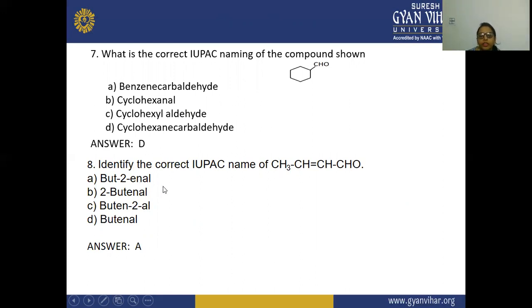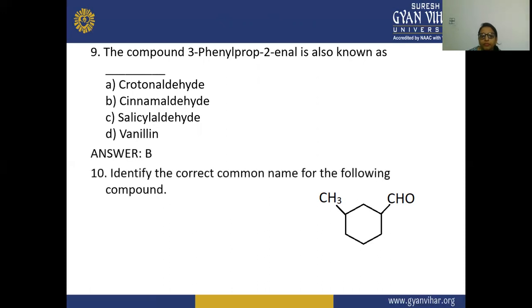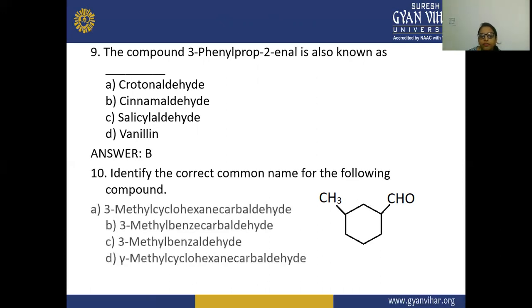Next, identify the correct IUPAC name of CH3CH=CHCHO. Its name is butenal. Next, the compound 3-phenylprop-2-enal is known as cinnamaldehyde. Next, identify the correct common name of the following compound.